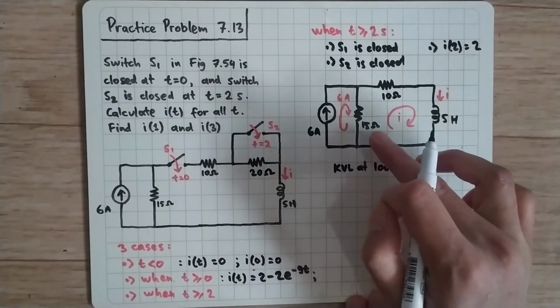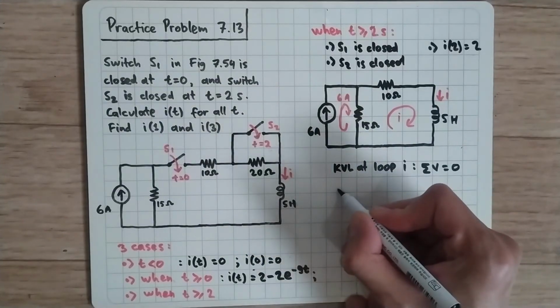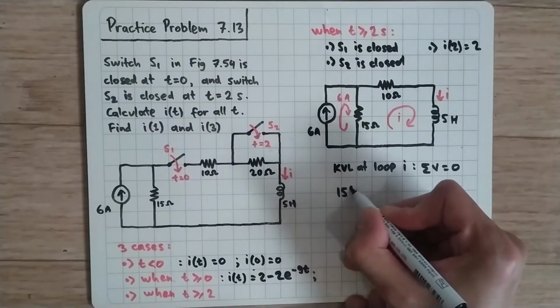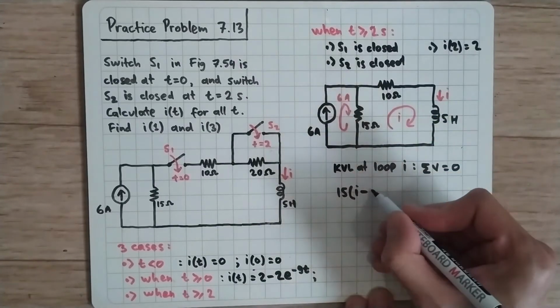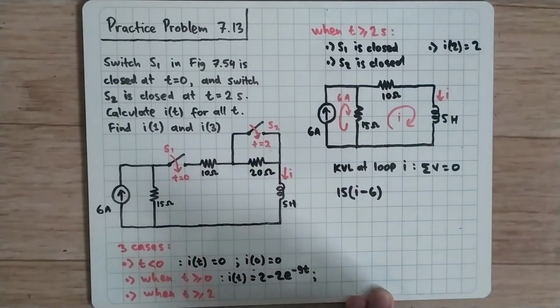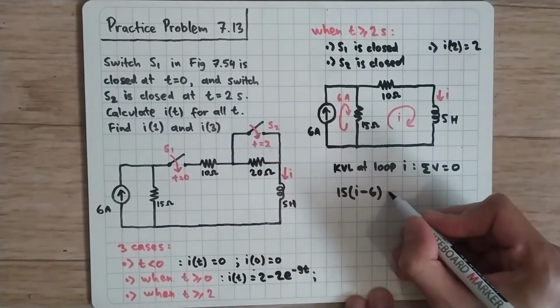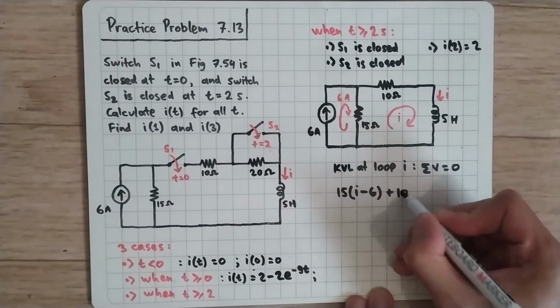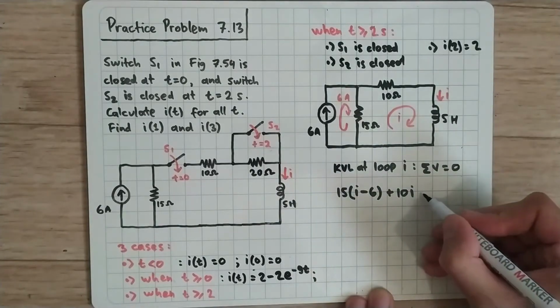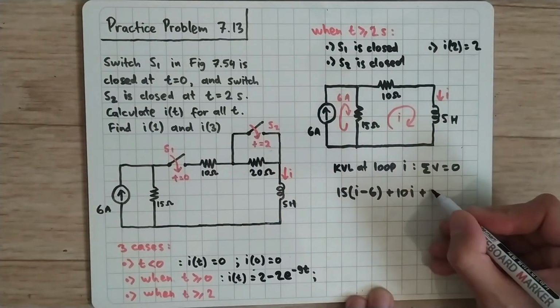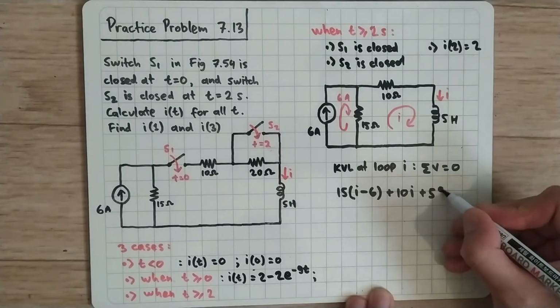So we need to start from this 15 ohm resistance. So we'll have 15 multiplied by I minus 6. And then we move on to that 10 ohm resistance. So I will have 10 multiplied by I. And then in the inductance, we will have 5 di dt.